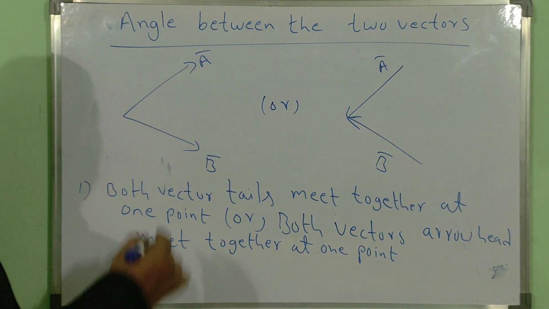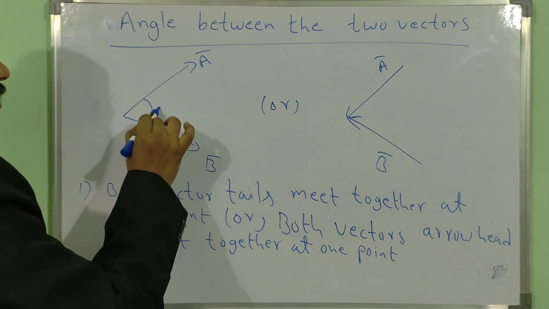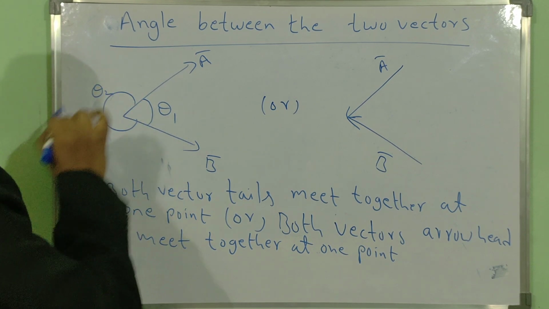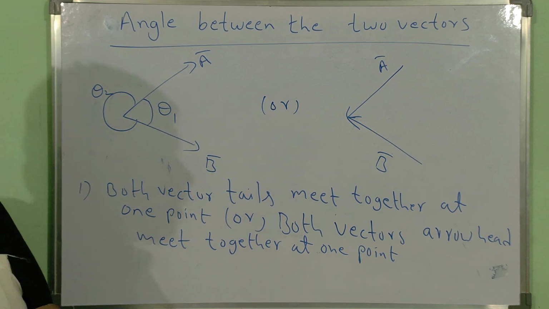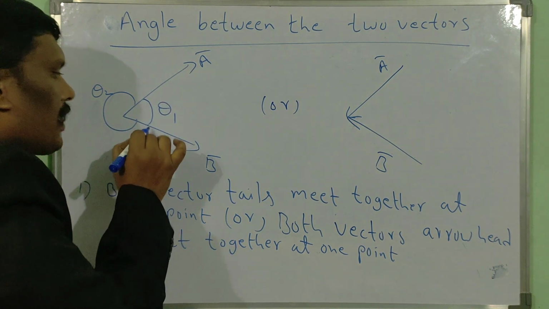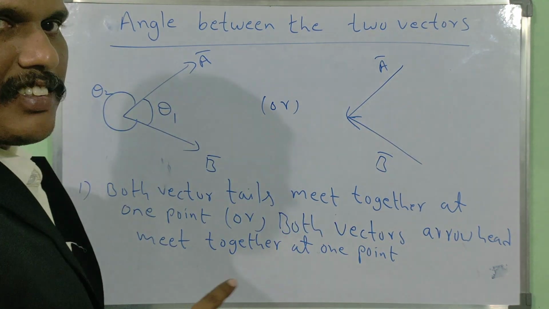Second point, we have two angles here. Here one angle, theta 1, consider. Here another angle, theta 2, consider. Which is the angle between the two vectors? The smaller angle between the two vectors is the angle between the vectors.